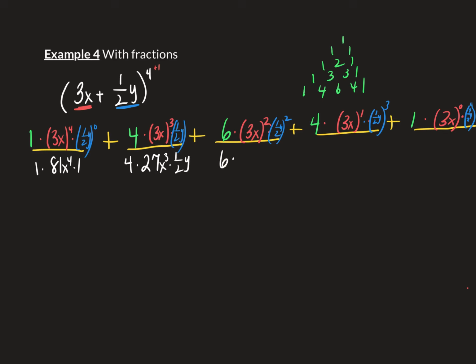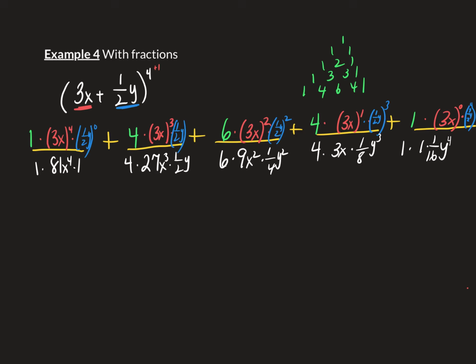Then 6 times 9x squared times 1/4 y squared. Then 4 times 3x times 1/8 y cubed. And then 1 times 1 times 1/2 y to the 4th power would be 2 times 2 is 4 times 2 is 8 times 2 is 16. So 1/16 y to the 4th.